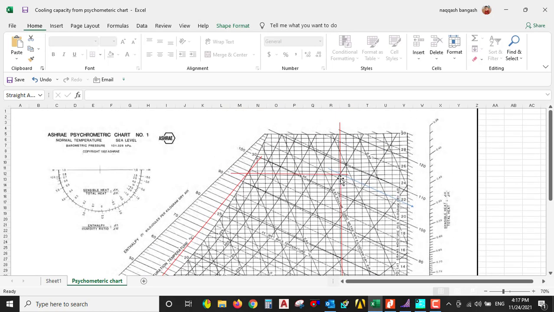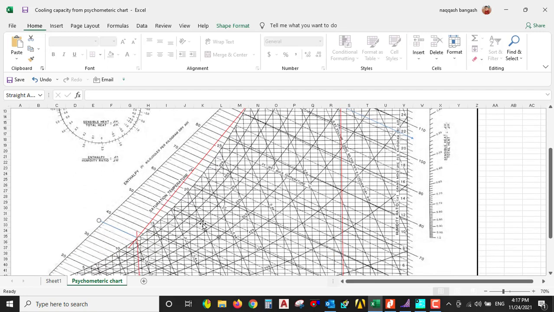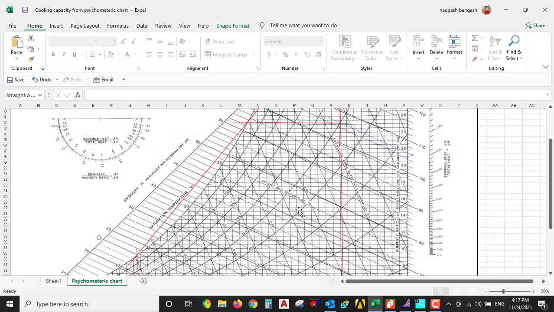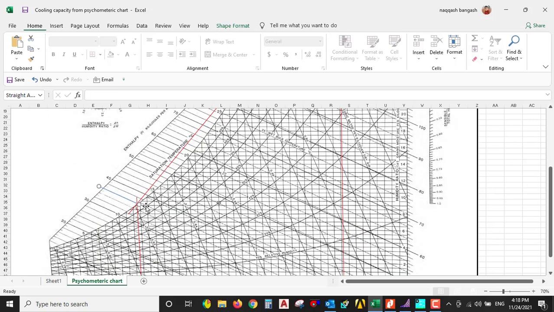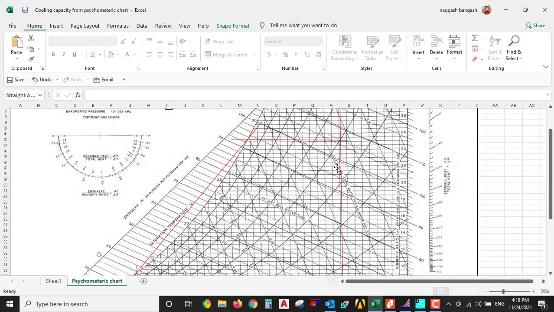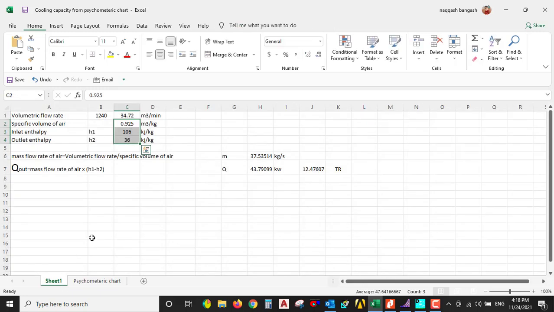When we are decreasing the temperature from 41.1 centigrade, it will touch the saturation line and we're going to decrease up to 12.7 centigrade. So we will check at these two points. One point is this one and the second point is this one. We will check the enthalpies at these two points to calculate the cooling load or coil load.